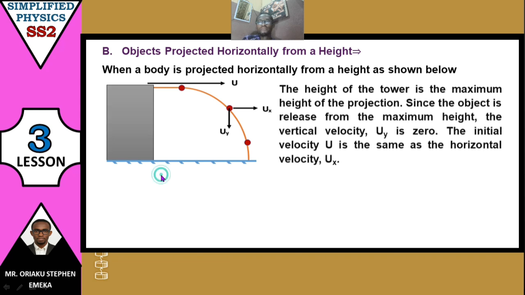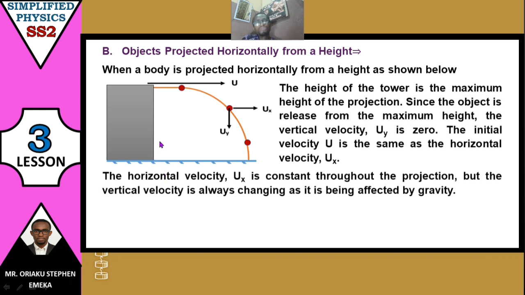Now you should also note something. At this point where you are releasing the body, since it has two velocities, the velocity with which you projected it out is actually a horizontal velocity, not a vertical velocity. Since this place is also the maximum height, the vertical velocity at the maximum height is going to be 0.